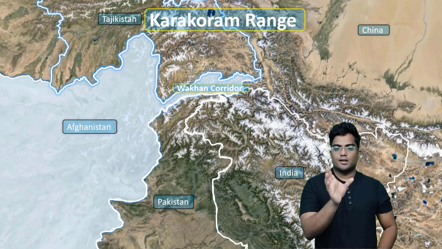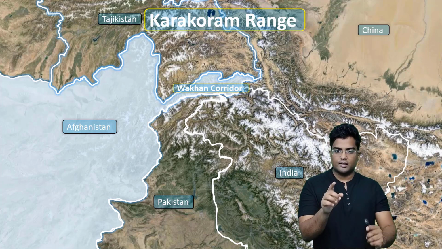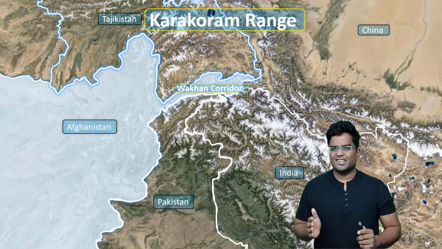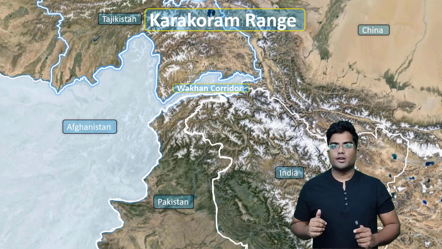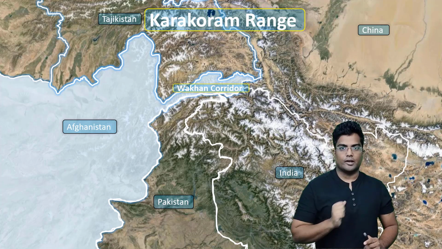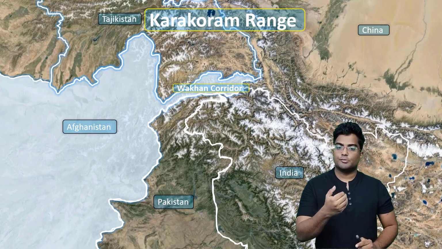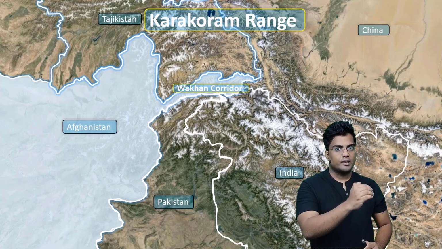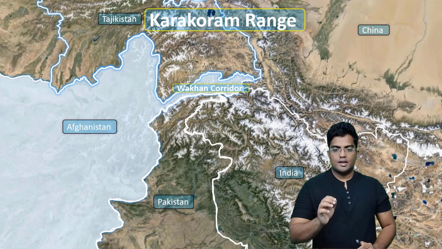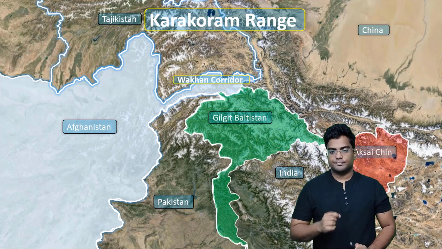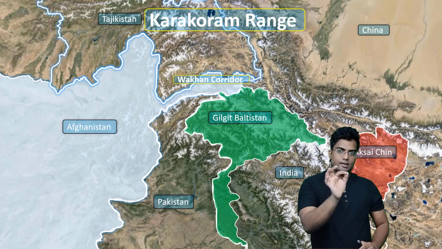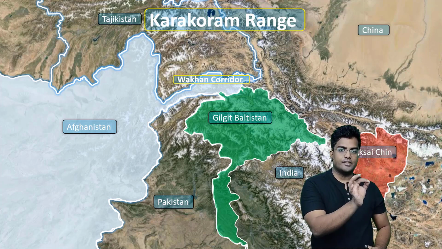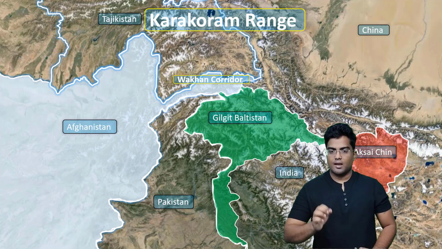Now let's understand that the current map of India that is shown in our textbooks is not essentially right. There are parts of Kashmir which are with China. There are parts of Kashmir which are with Pakistan, known as Pakistan-occupied Kashmir, right? So this is how it looks. Essentially the one in red, Aksai Chin, is with China.